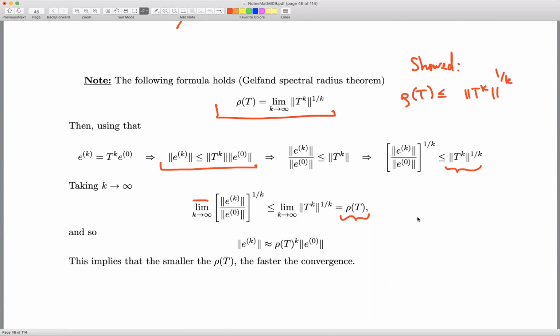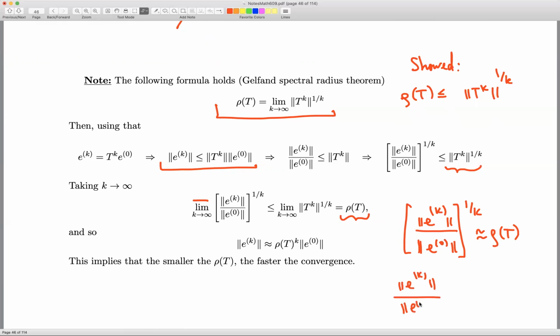Because if we ignore the lim sup, this roughly would mean that for infinitely many k's, the norm of e_k divided by the norm of e0, to power 1 over k, will be roughly like the spectral radius of the matrix T. When you raise to power k, we will have that the norm of e_k divided by the norm of e0 is roughly like the spectral radius of T to power k.